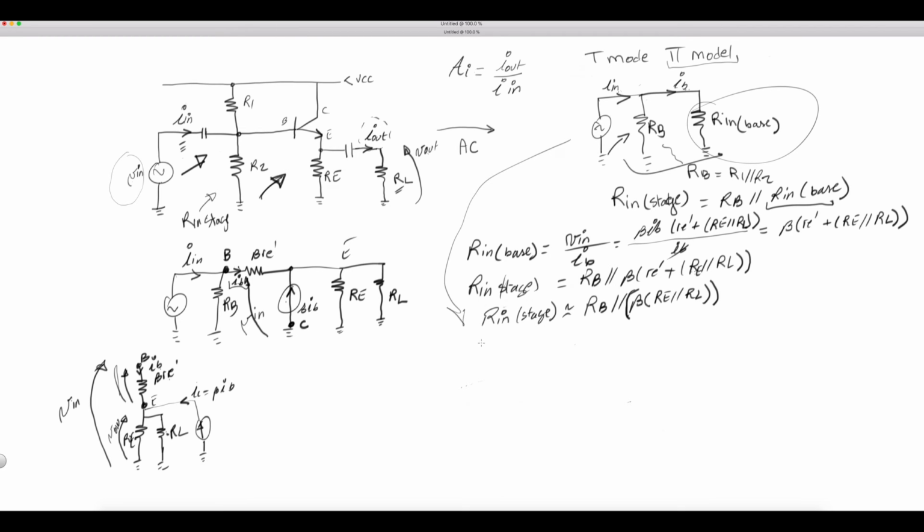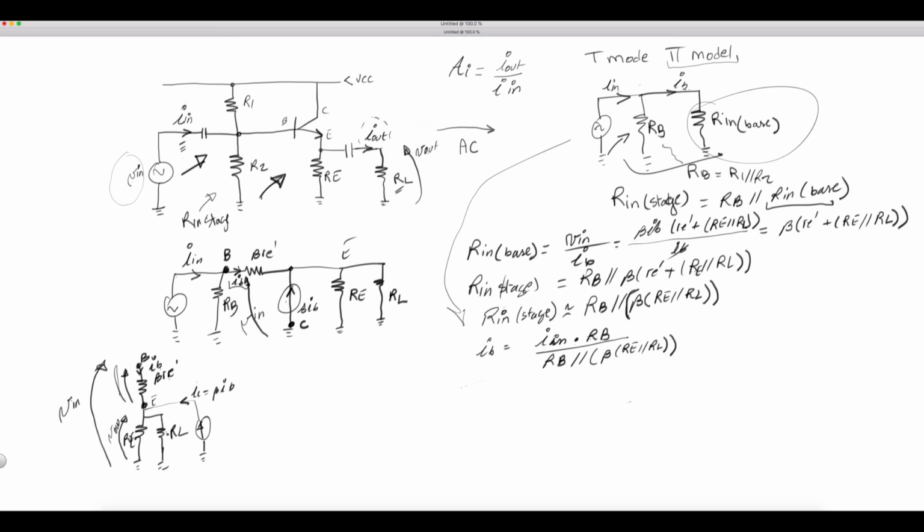We could easily say that the current IB is going to be equal to In, using the current divider rule, times RB divided by RB in parallel with beta Re in parallel with RL.